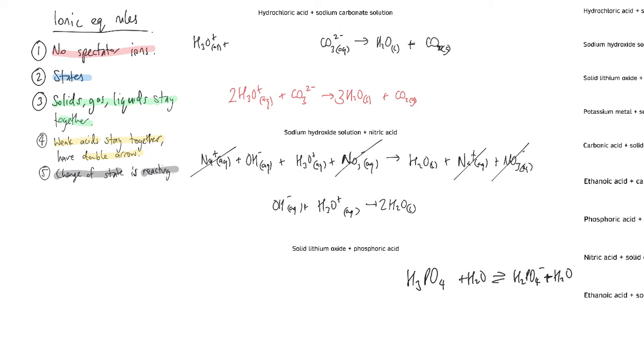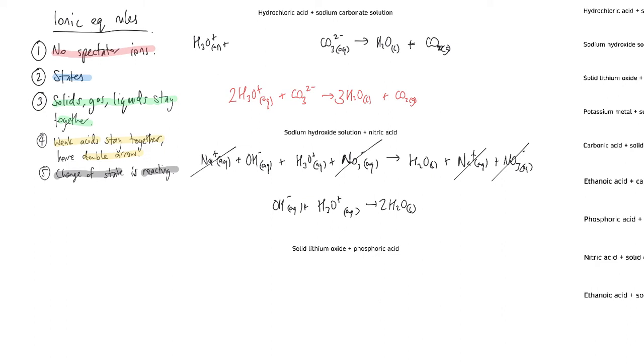It acts almost as if it's a strong acid, and it will form PO4 3- ions and H3O+ ions. So the phosphoric acid is going to form phosphate ions, and effectively that affects the salt that it's going to produce. In this one, we know that it's lithium oxide, so the salt that's produced is lithium phosphate.